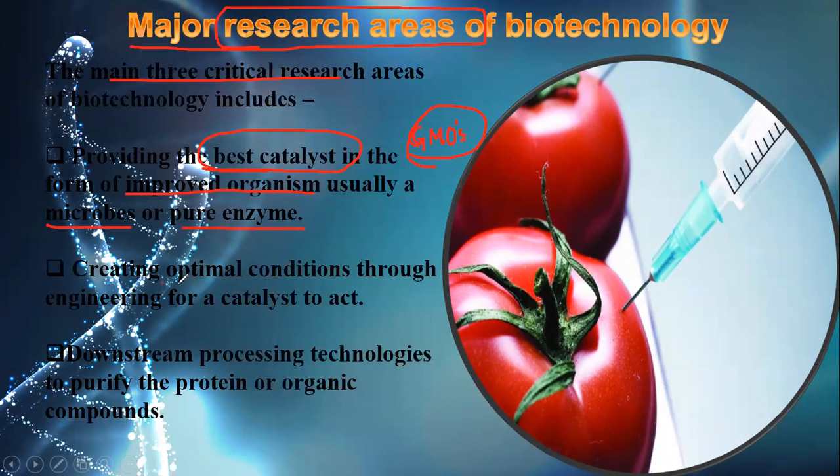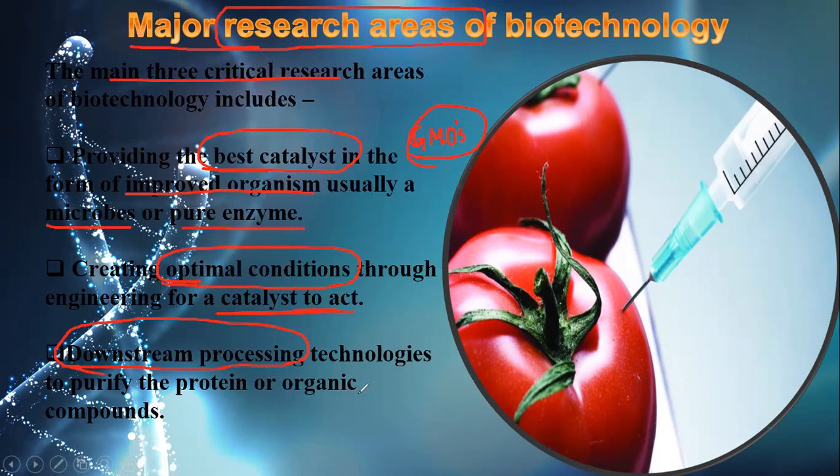The second one is creating the optimal conditions through genetic engineering for that particular catalyst to act. So the catalyst may be the genetically modified organism, and you have to provide suitable conditions through engineering for the catalyst to act. Clear? The last one is downstream processing, which I have already discussed with you in the last class of biotechnology.